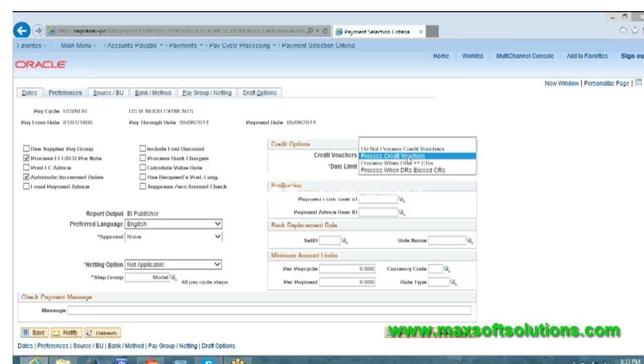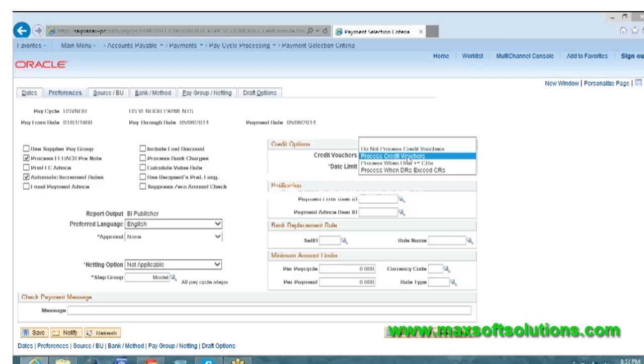Then the debit is exceeding the credit, correct? So when I put this condition, then what will happen? When the voucher exceeds the credit, only those invoices will be paid in the pay cycle. The last two are pretty similar.